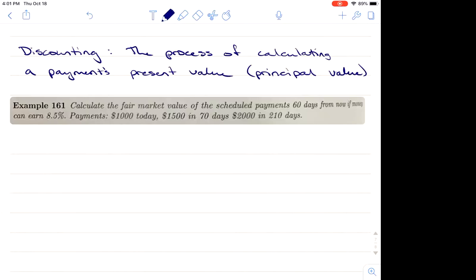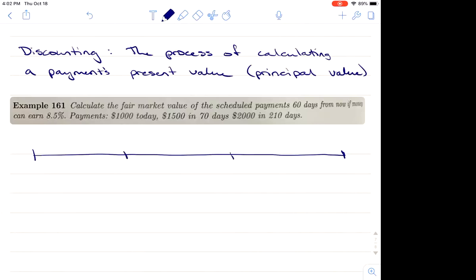So of course we need a timeline. We'll start with our basic timeline. First we'll look at the payments. The payments we have are today, in 70 days, and in 210 days. 60 days isn't one of those dates, so we have to throw that on there as well. So we have 4 dates that we need to draw on here, so we need 4 ticks.